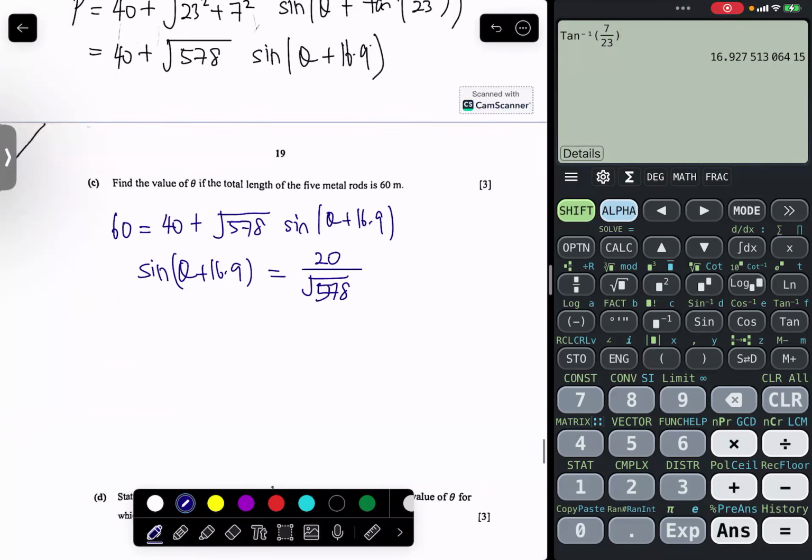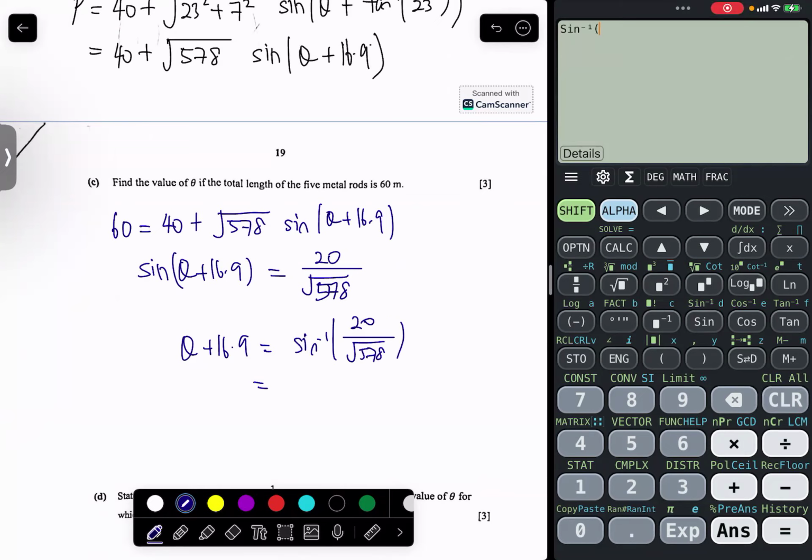Theta plus 16.9 equals sine inverse of 20 over square root 578, which equals 56.293. So theta equals 39.4.